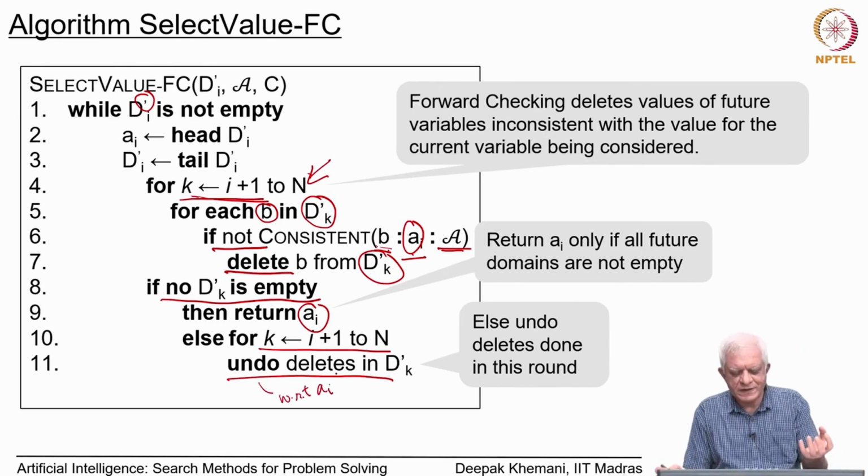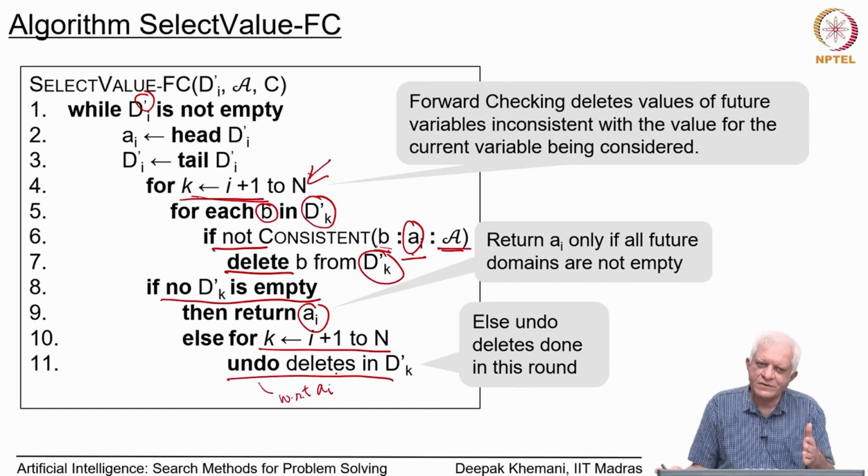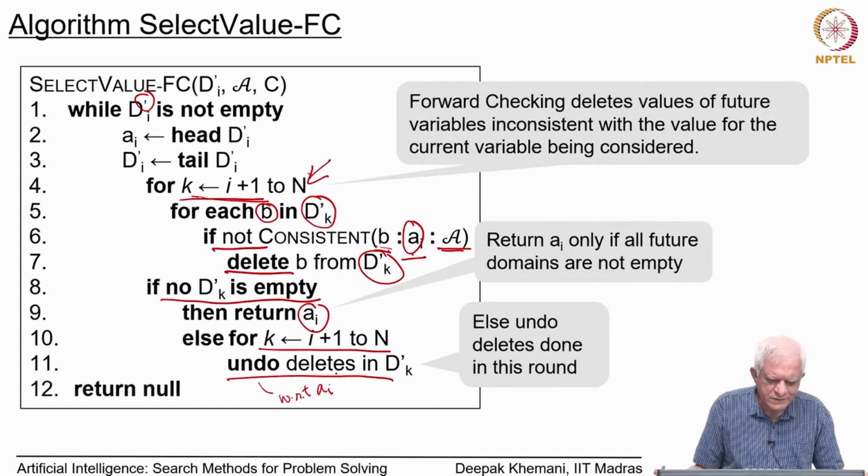You were considering the value ai, then you ran into some future domain becoming empty, then look at all the future domains, reset them back to what they were before you considered ai, because by the time you have come to the kth variable, you might have deleted some on the way essentially. So, that is the algorithm for select value forward checking.